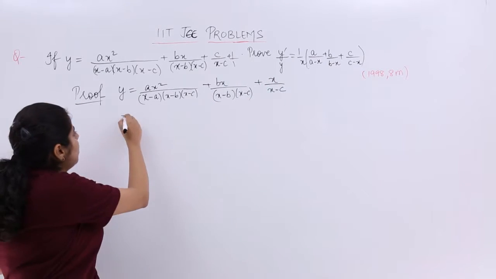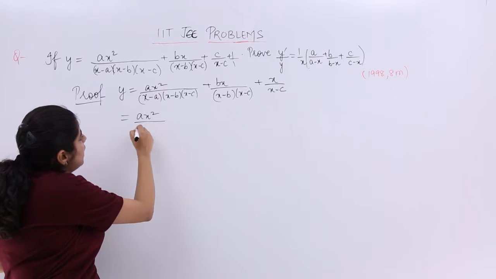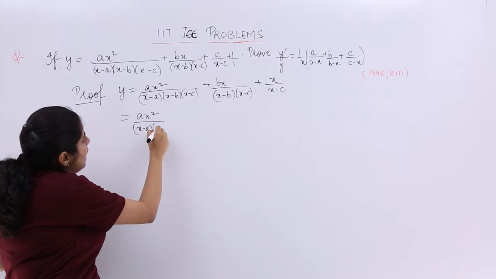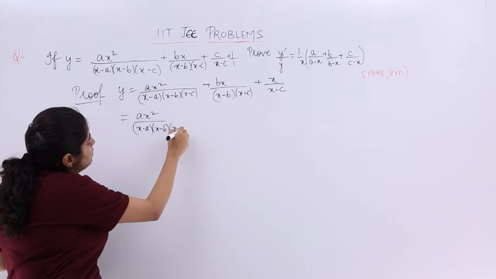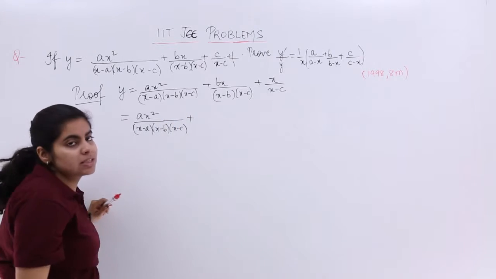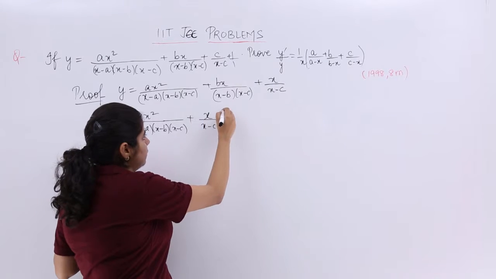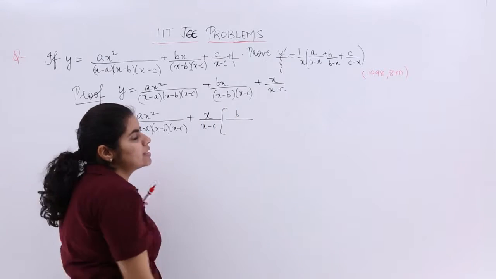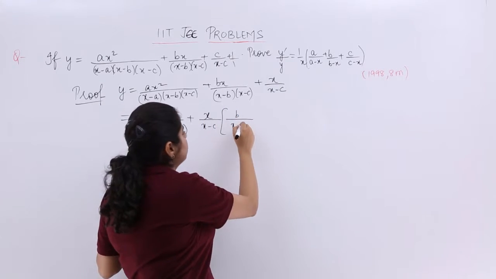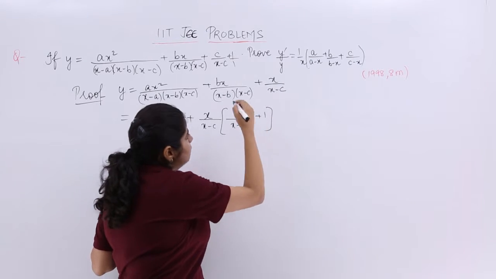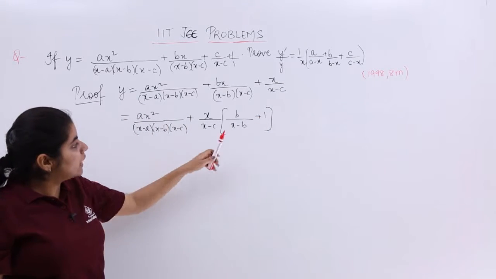Now, here x minus c, x minus c. You can take certain things common. Let's take it. x square upon x minus a, x minus b, x minus c, plus x upon x minus c if I take common, as it is possible. So, it is b upon x minus b, plus 1, right. Now, again you can simplify.